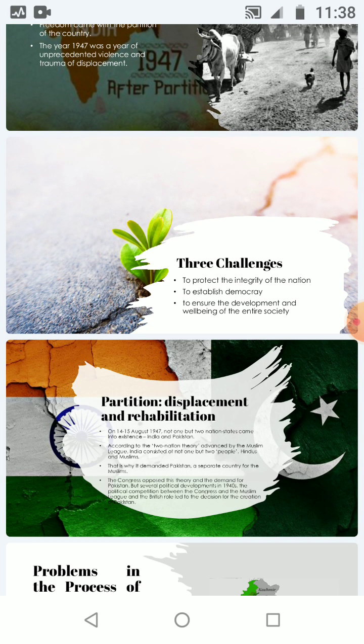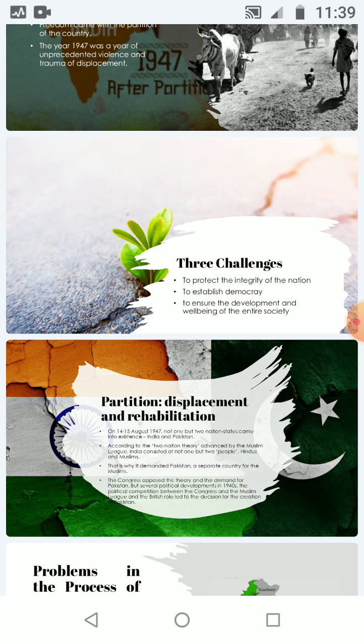There were many challenges in front of us when we got the independence. The first and immediate challenge was to shape a nation that was united, and the second challenge was to establish democracy and develop democratic practices in accordance with the constitution.